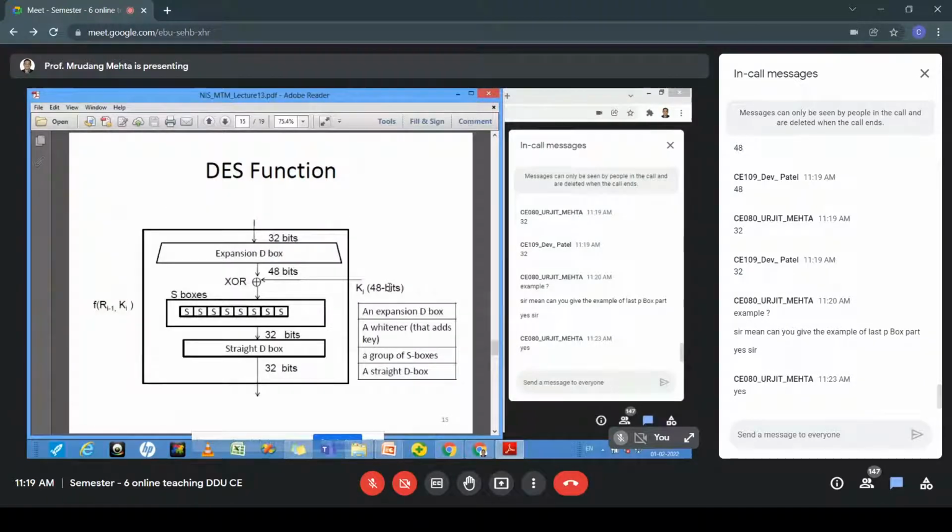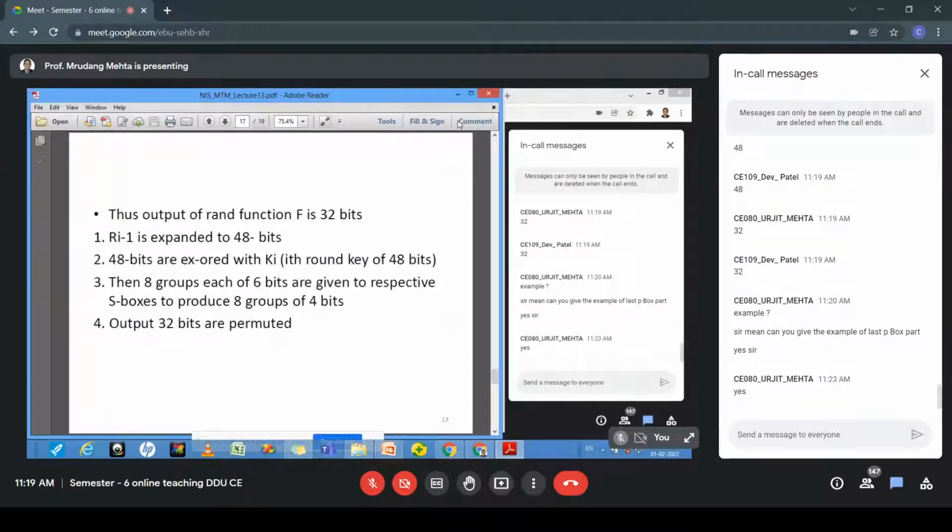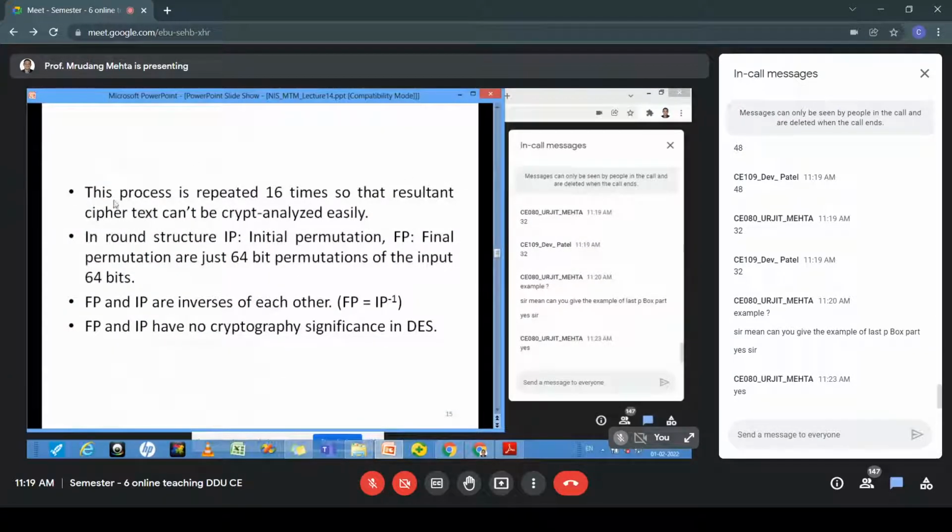Now after this process we have permutation. Okay, so that we will see now. This round process is repeated 16 times so that the resultant ciphertext can't be cryptanalyzed easily. The objective of permutation was that if we do the permutation, any attacker will find it very difficult to perform cryptanalysis, because it was assumed at that time, and it was true also, that in those days computers were slow. Today you have very fast computers.